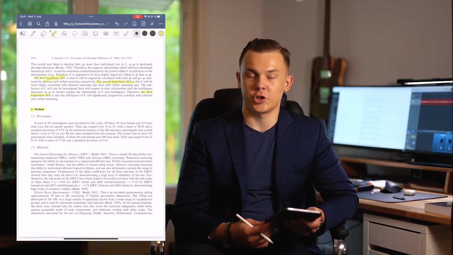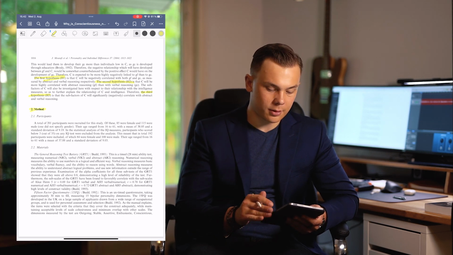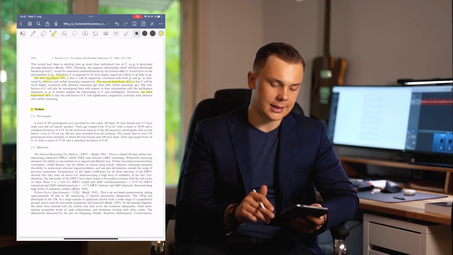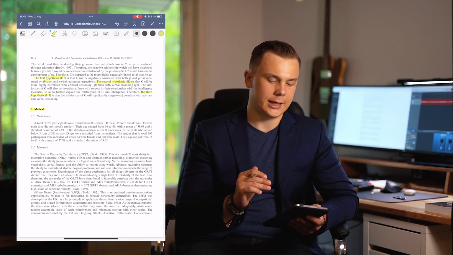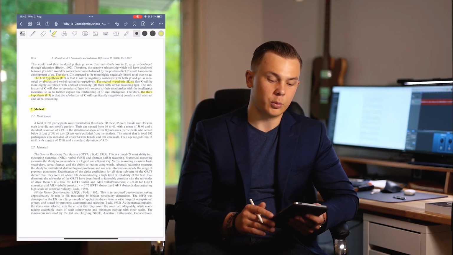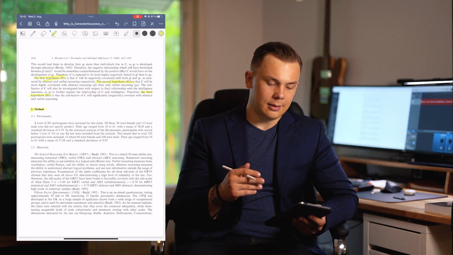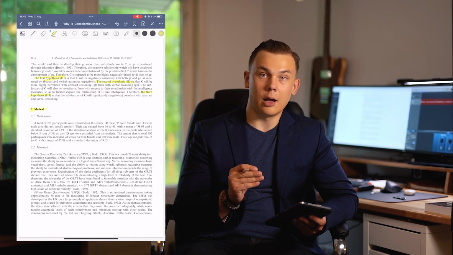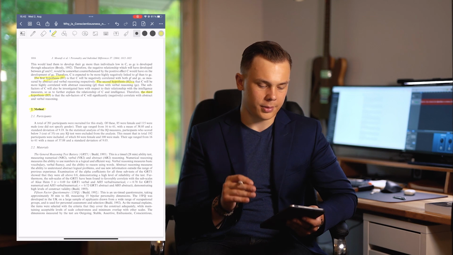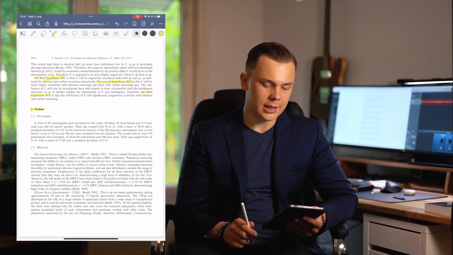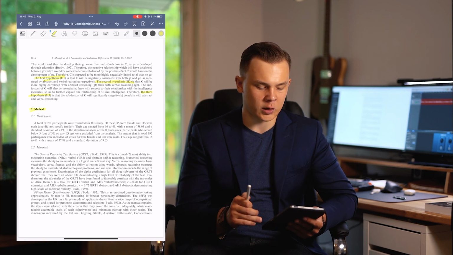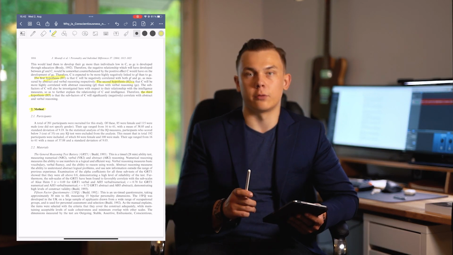That's what negative correlation means. So that's the first hypothesis. The second hypothesis is that C, again conscientiousness, will be more highly correlated with abstract reasoning than with verbal reasoning. And then finally, the third hypothesis follows on from there and states that the subfactors of conscientiousness will significantly negatively correlate with abstract and verbal reasoning.